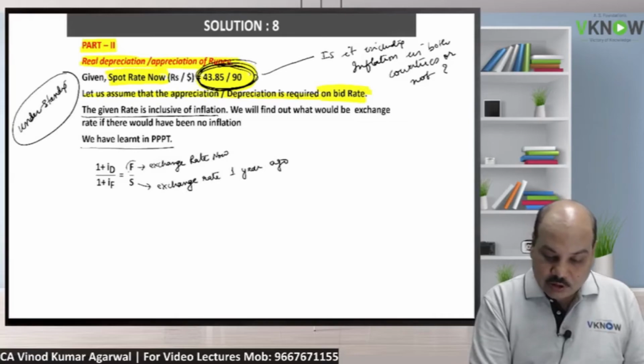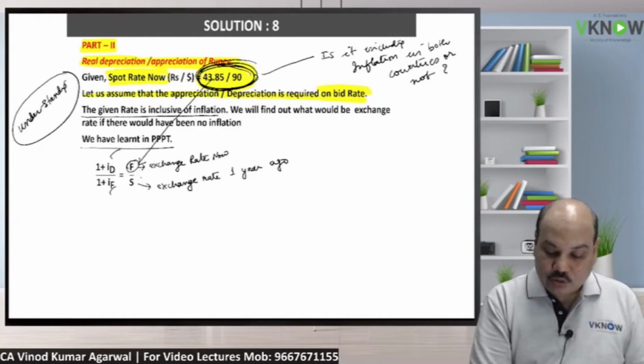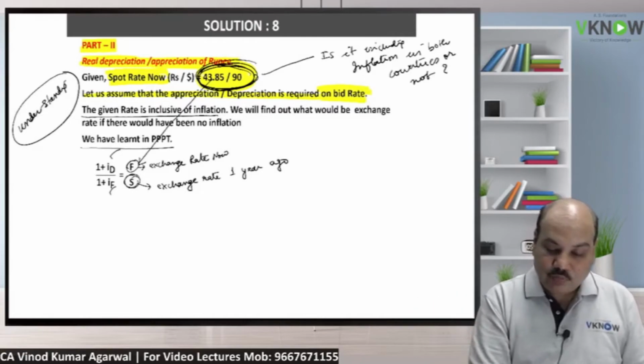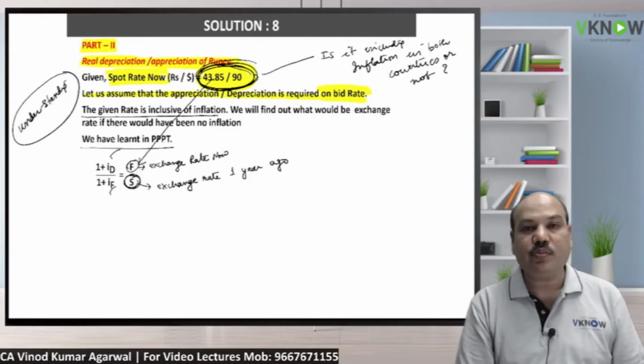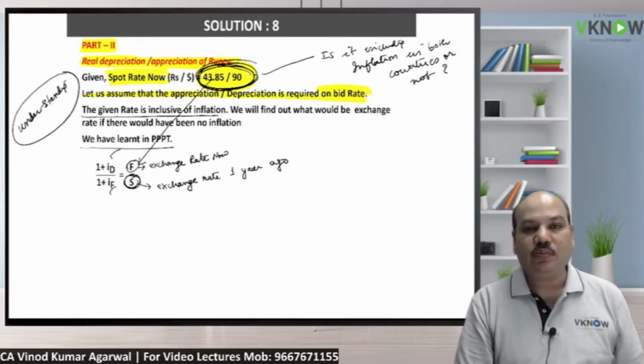So we are given these two numbers. If there was no inflation, what would have been the rate? This is including inflation. So I will try to find out this missing figure, that is, without inflation, what would have been the rate?